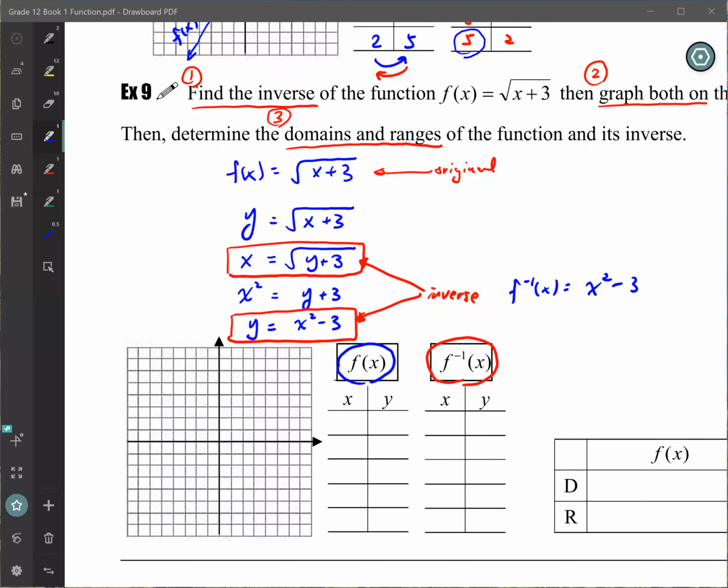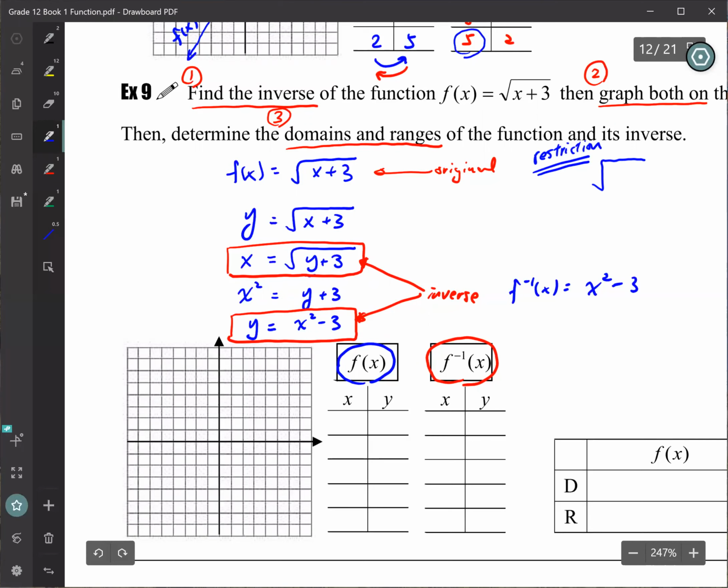Do we have restrictions for square roots? Does anybody remember for square roots? What kind of restrictions? It can't be negative. Okay, so it has to be what? Cannot be negative, that means it has to be above -3.